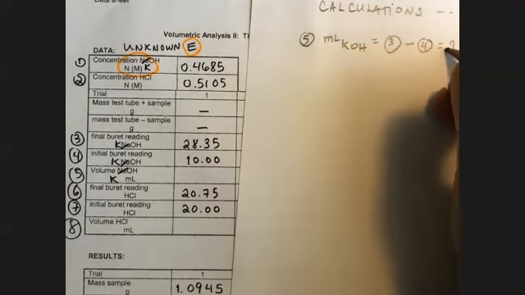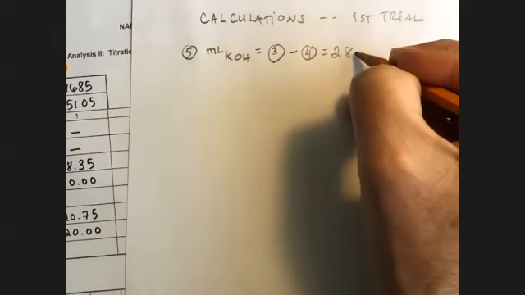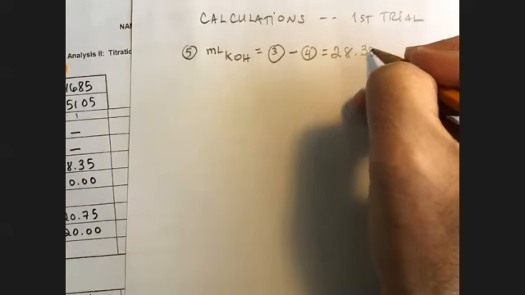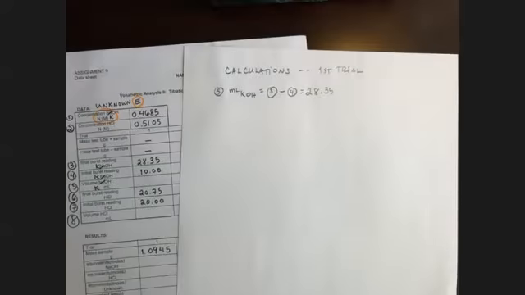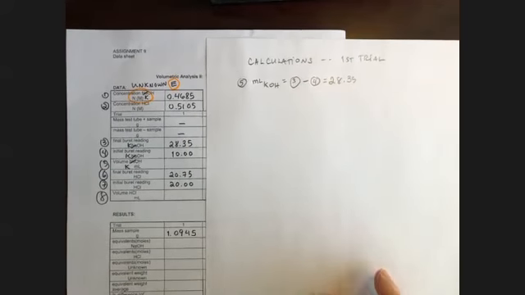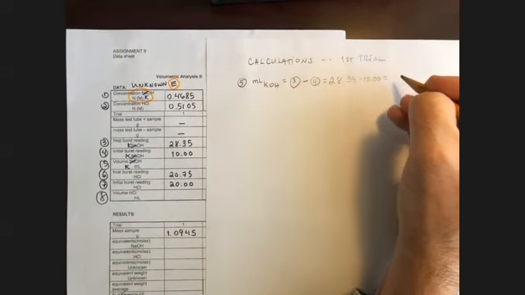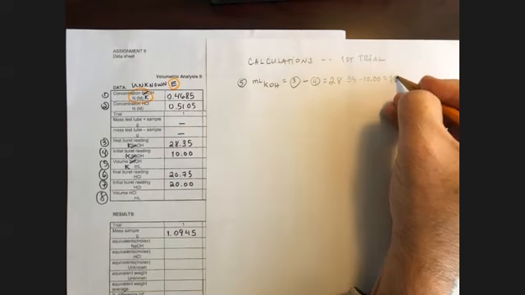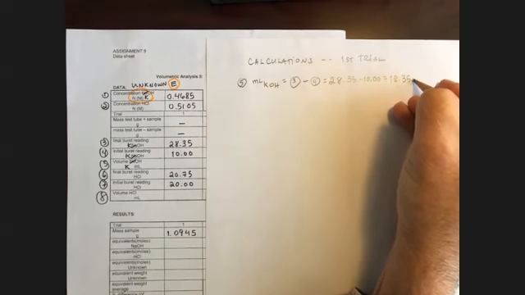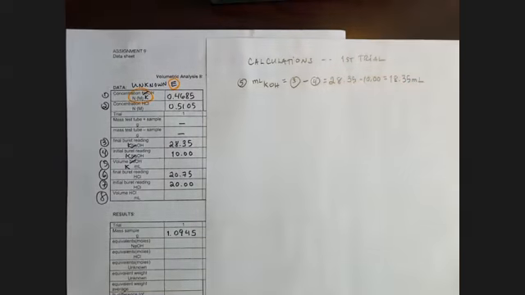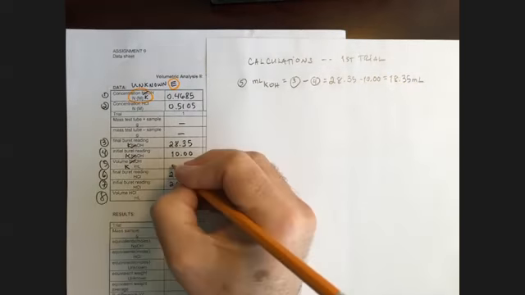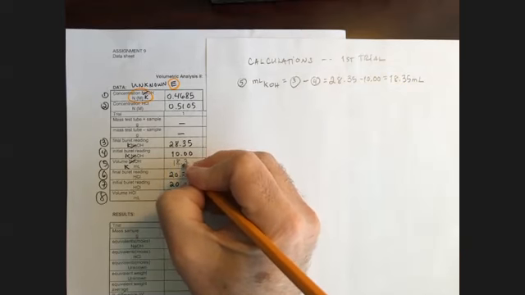So that would be 28.35 minus 10.00, and that gives us 18.35 milliliters. Careful with sig figs. So I'm going to put that number in here, 18.35.